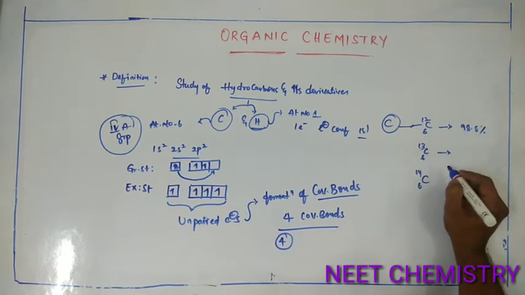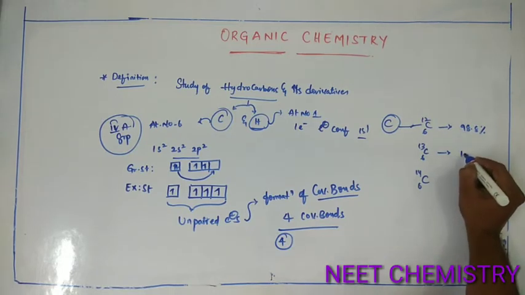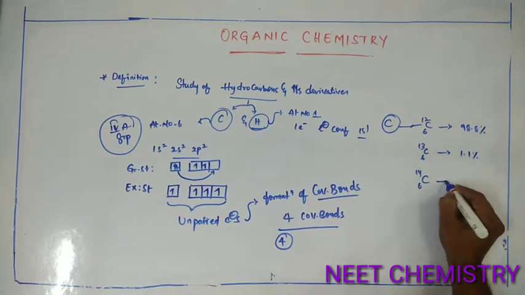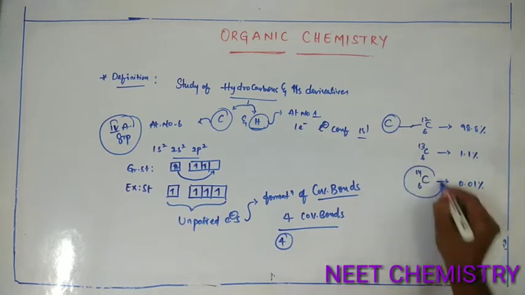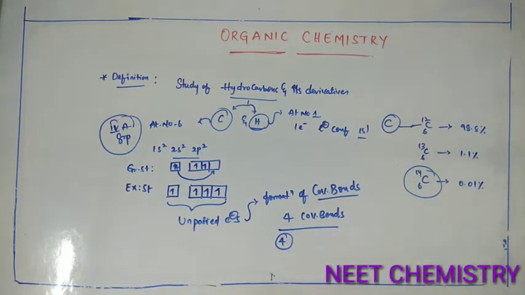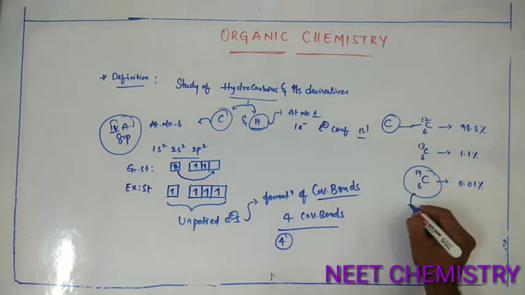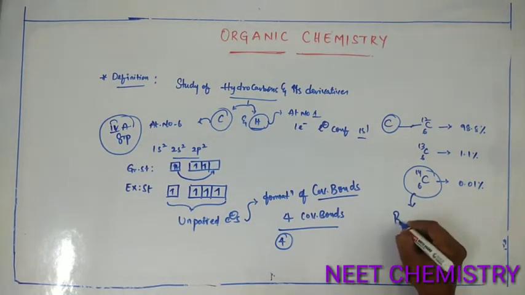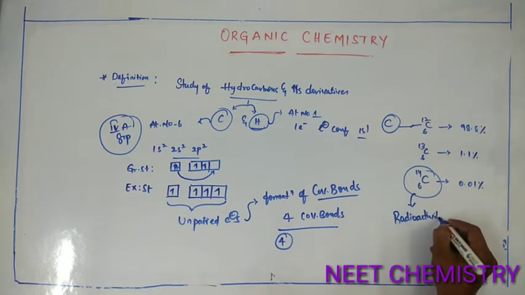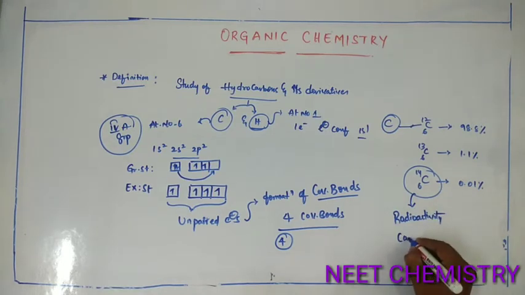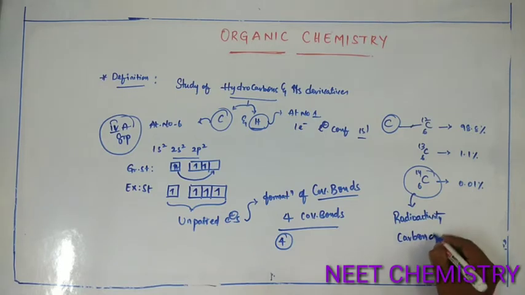The C13 isotope availability is only 1.1%. The remaining 0.01% is the C14 isotope. This C14 isotope is radioactive, and it can be used in carbon dating.